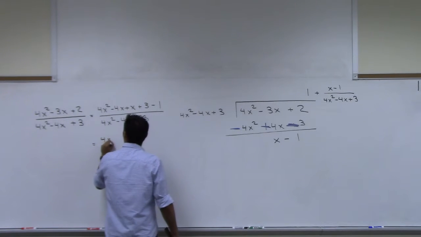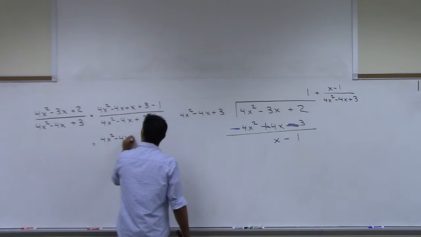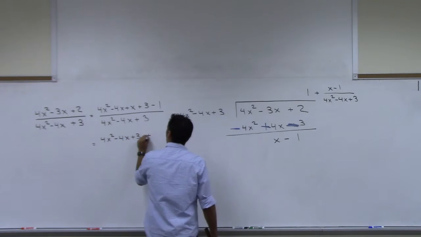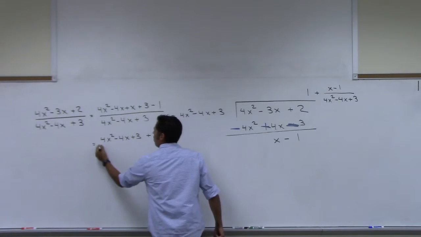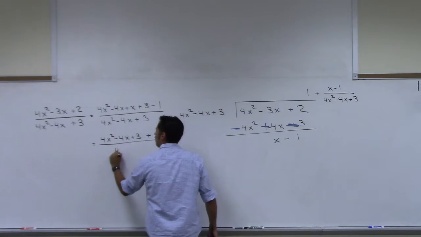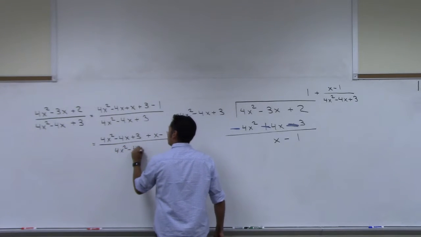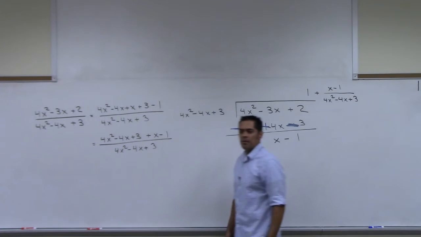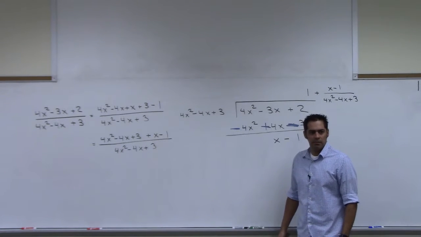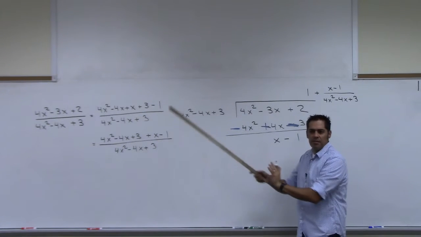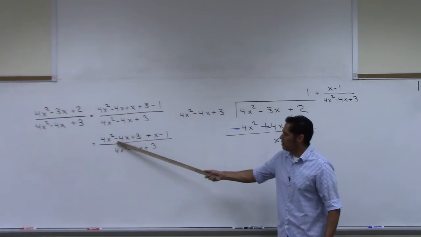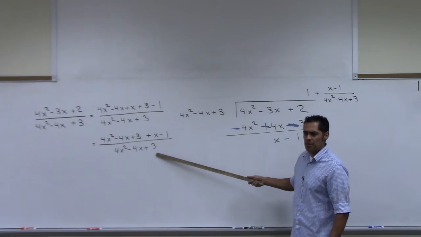This is 4x squared minus 4x plus 3 plus x minus 1 over the common denominator, 4x squared minus 4x plus 3, right? Like that. I just rearranged things. And do you see these first 3 terms are the same as these first 3 terms?